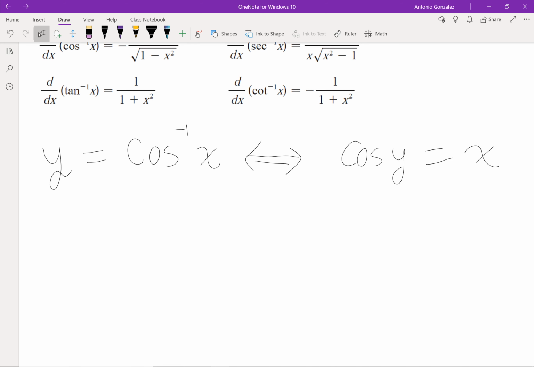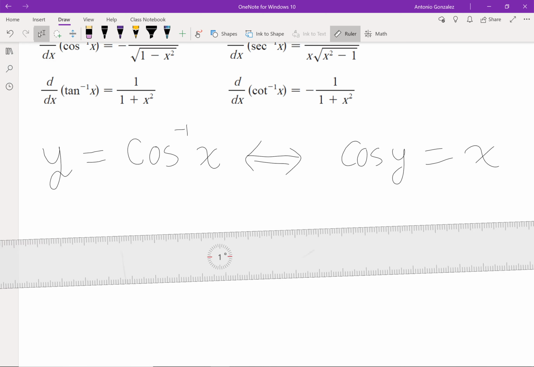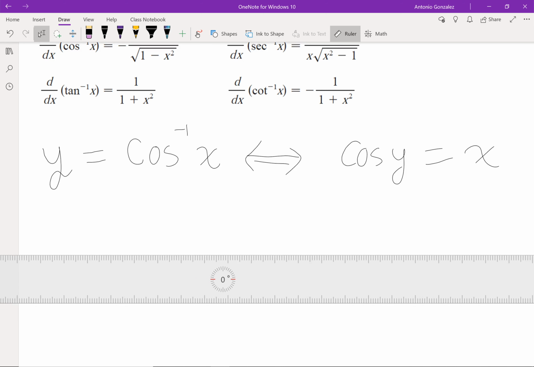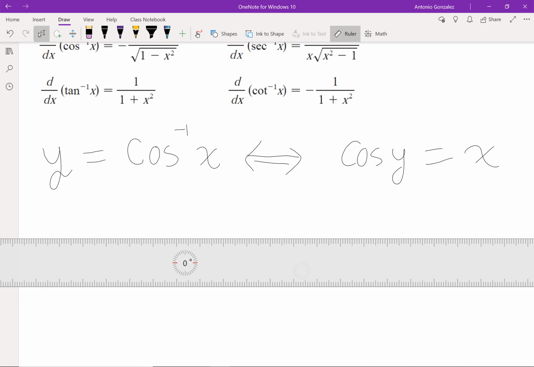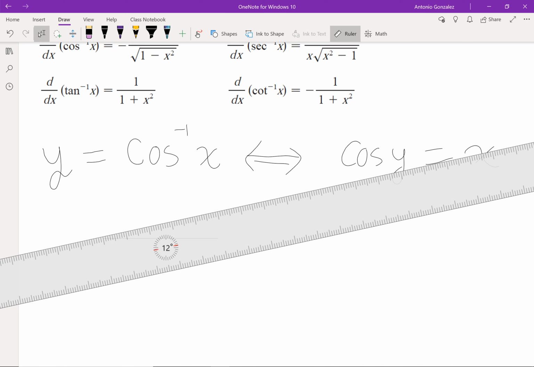All right, now from here, let me draw a little triangle. Let me get a ruler out.